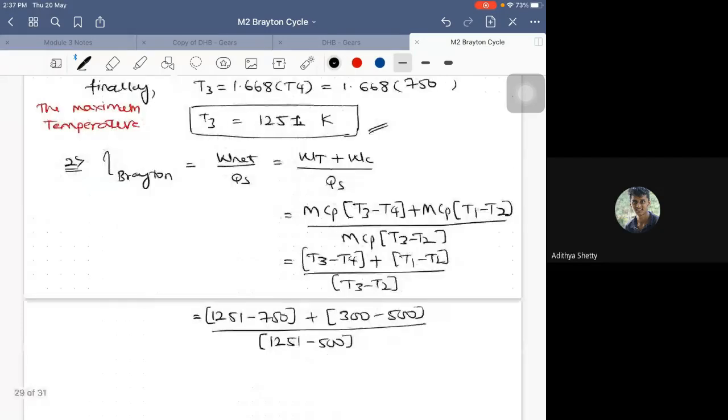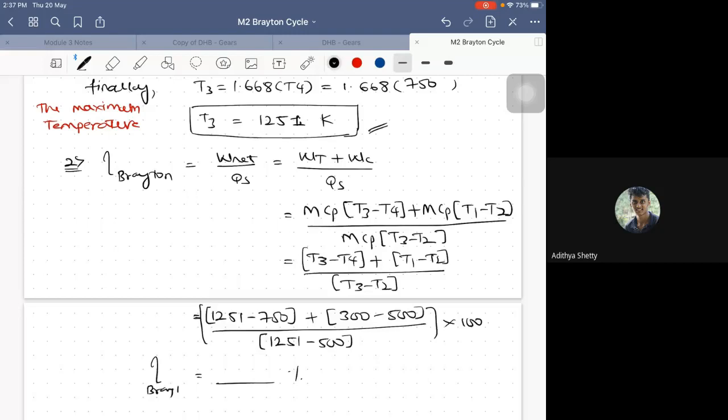If you multiply the whole thing by 100, you will get the value of the efficiency of Brayton cycle in percentage. 40.03. 40.03 is the efficiency.